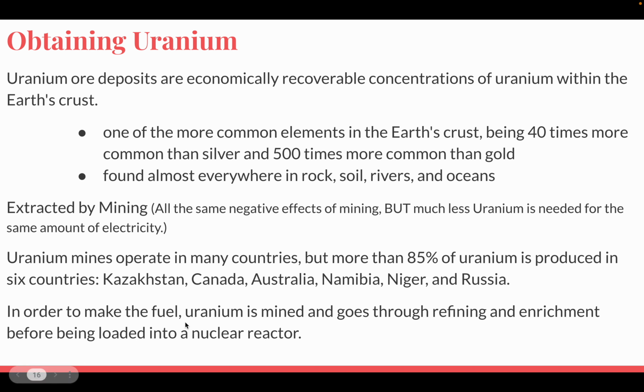Now, in order to make uranium usable, unlike coal, where you can take it out of the ground, send it to the power plant, and combust it as is, you have to go through a refining process and an enrichment process. And that is very time consuming and very costly. That is going to be another drawback to using uranium.